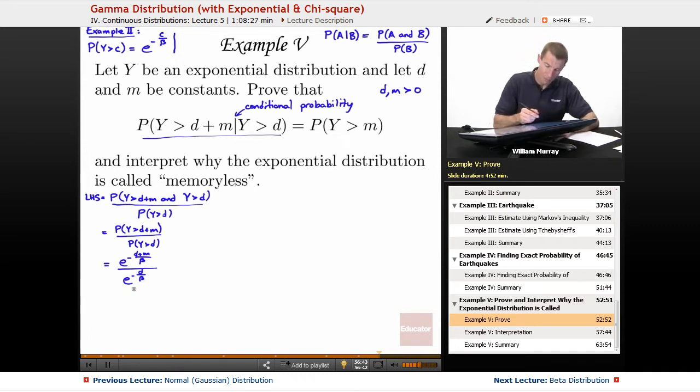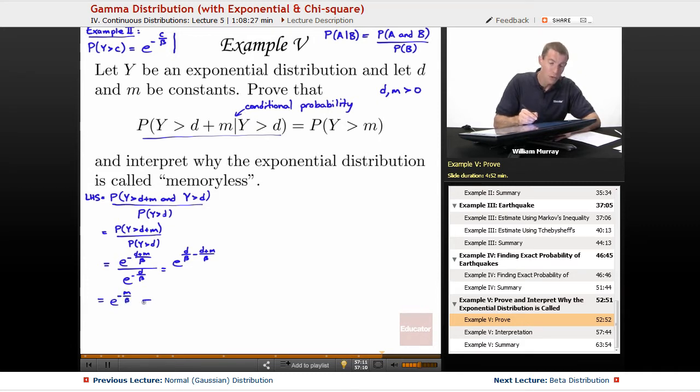We can flip it up to the top. So that's e to the positive d over beta, since we pulled it out of the denominator, minus d plus m over beta. And now that simplifies down a little bit: the d over beta terms cancel, and we're just left with e to the negative m over beta.